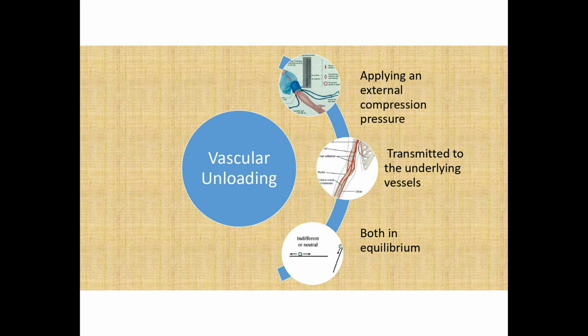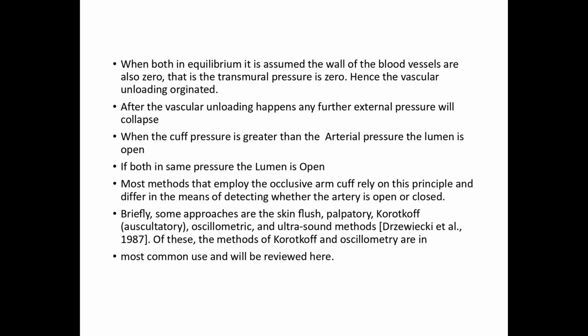When more pressure is applied above this vascular unloading, the lumen closes, and when we release it, the lumen opens and the blood starts flowing through the vessel. In another way, we can say vascular unloading is attaining a transmural pressure of zero.